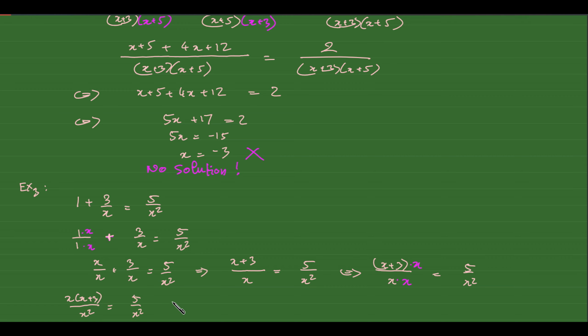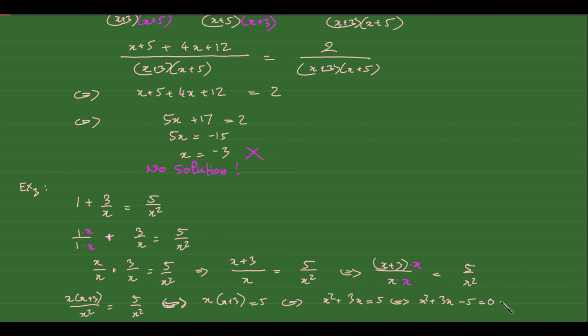You see they have the same denominator already, right? So this is equivalent to, so I can set up the numerators equal to each other. So we have x squared plus 3x equal to 5. So it means that x squared plus 3x minus 5 equals 0.